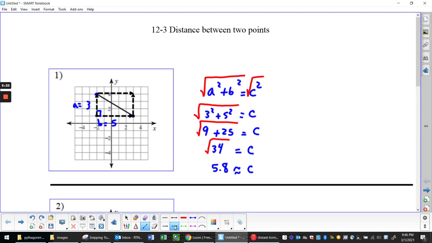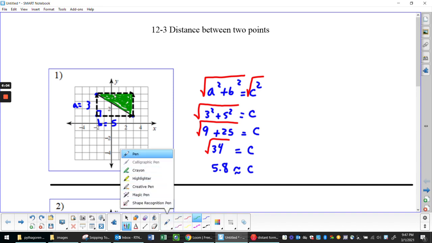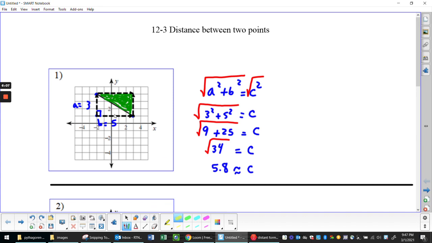So there is no specific rule that says you have to use the bottom of the line. You could use the top of the line. I could very well have used this green triangle here to figure out the diagonal distance that I want to figure out. So that would have been okay as well. I probably should have used the highlighter. That would have been easier to do.